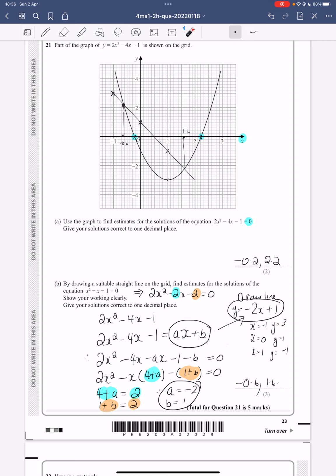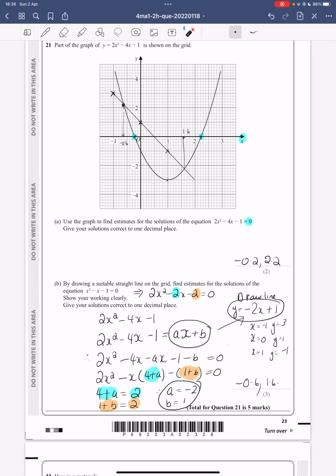X is minus 1, minus 2 times minus 1 is plus 2, plus another 1 is 3. So that one's there. X is 0, y is 1. And x is 1, y is minus 2 plus 1, which is minus 1. So put the 3 crosses and draw the line.